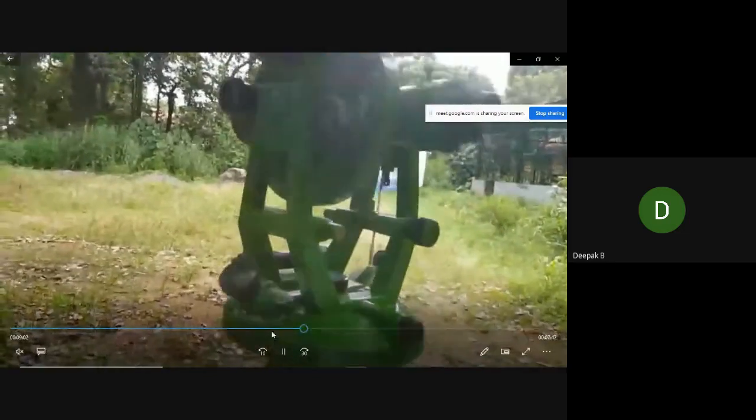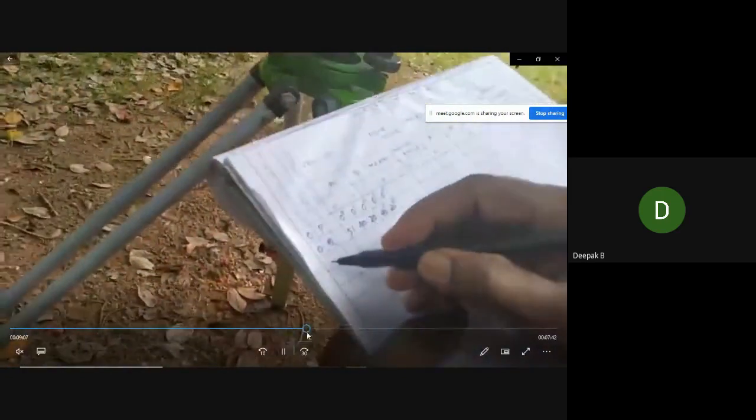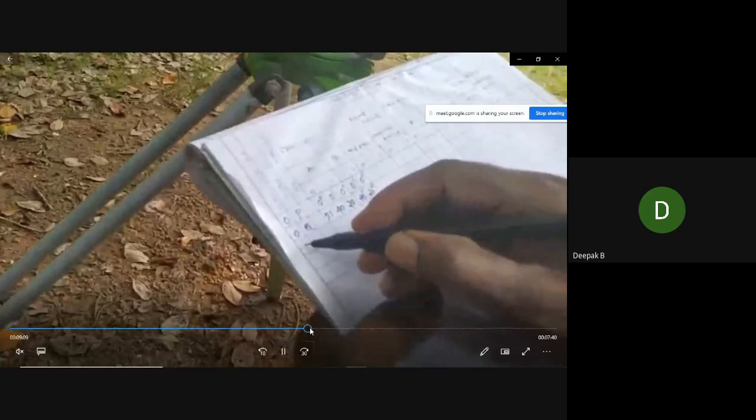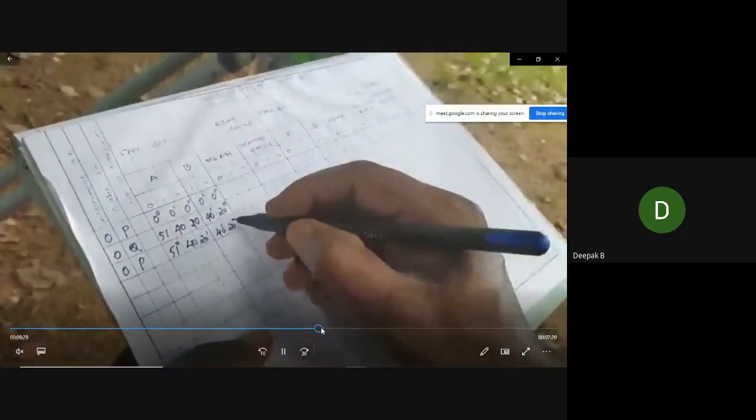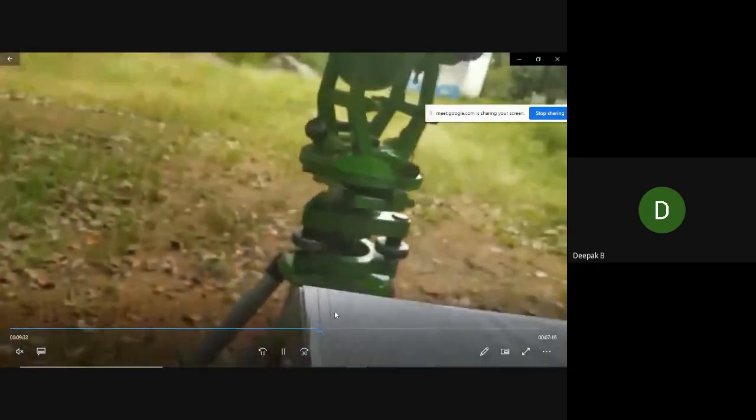അതിനായിട്ട് എന്താ ചെയ്യുക? We'll fix the lower screw and unscrew the upper screw. അതായത് upper plate മാത്രം move ചെയ്യാൻ free ആക്കും. So he is booking that part. Okay. ഇനി എന്താ ചെയ്യാൻ പോകുന്നത് നോക്കുക.